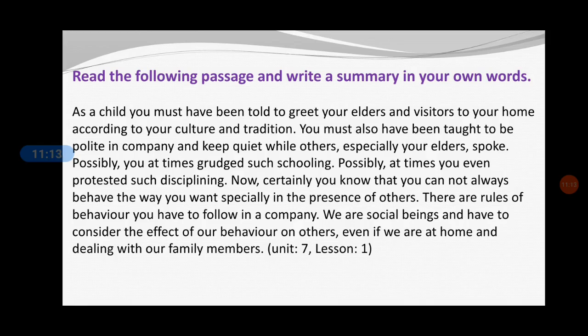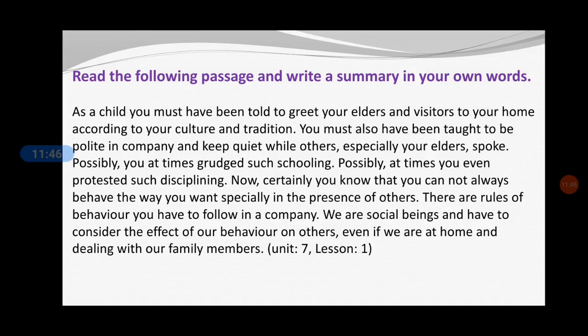As a child, you must have been told to greet your elders and visitors to your home according to your culture and tradition. You must also have been taught to be polite in company and keep quiet while others, especially your elders, spoke. Possibly, you at times grudged such schooling. Possibly, at times, you even protested such disciplining.